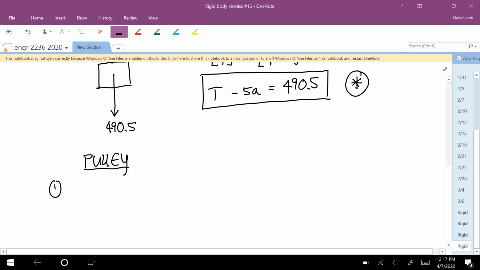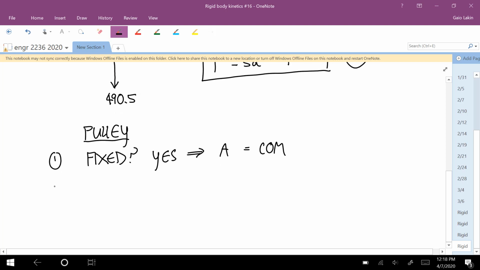First step is, does this pulley have a fixed point? It does. But the fixed point is the center of mass, so the about point is the center of mass anyways. Now it's pretty easy to calculate the mass moment of inertia. We don't have to use the parallel axis theorem.